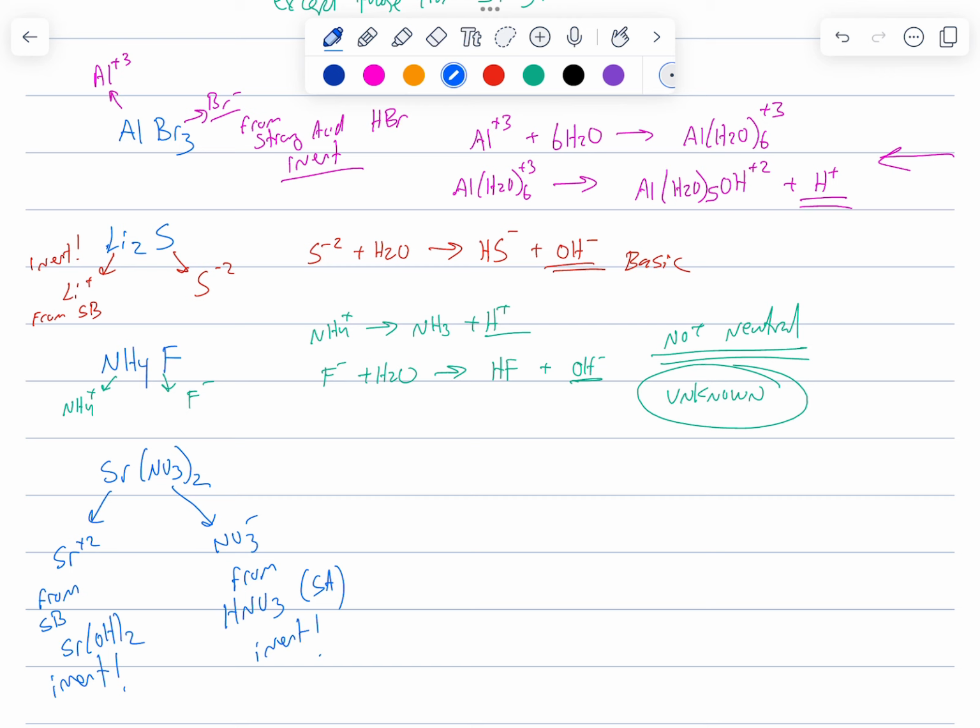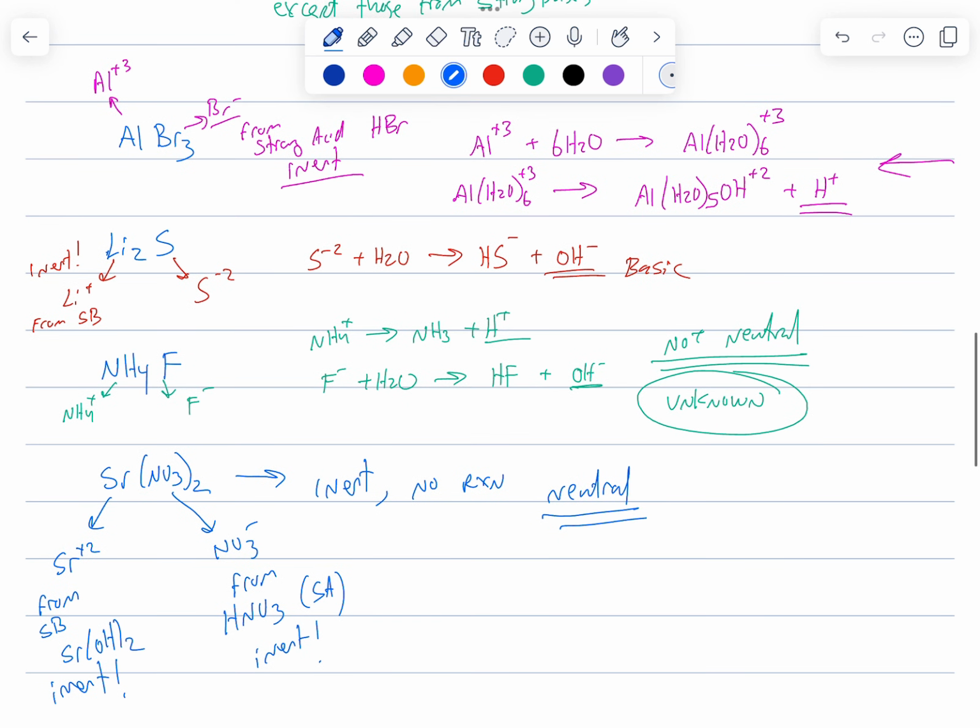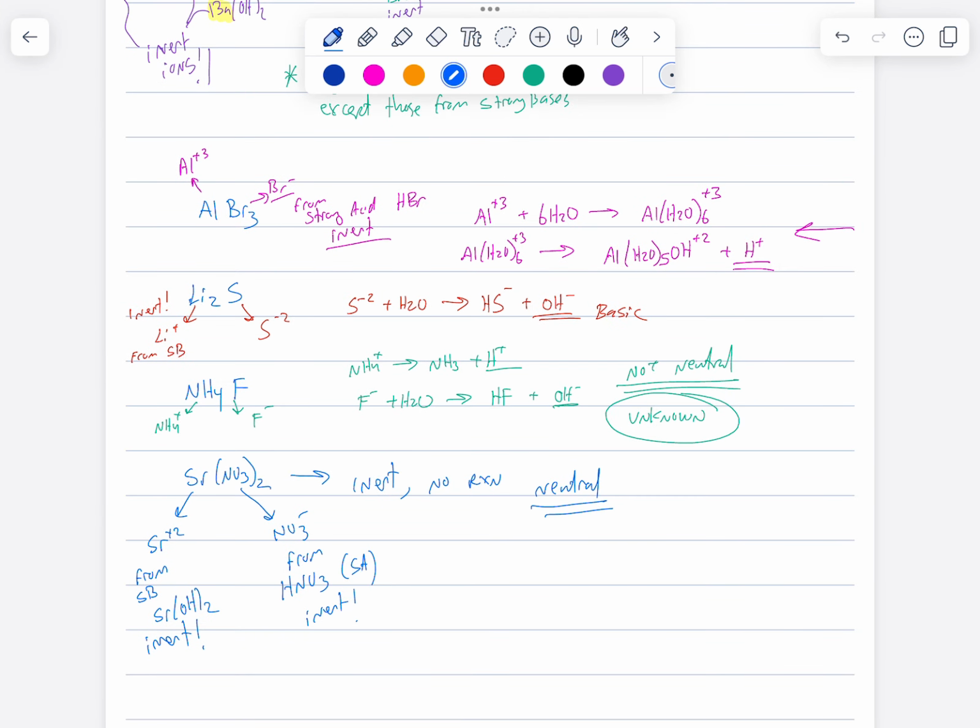So this reaction is simply inert, no reaction. So if there's no reaction, if there's no hydrolysis reaction in water, then the pH of water will stay the same, which means this is going to be neutral. Okay, so that's the gist on hydrolysis salts and how to tell if they're acidic or basic.